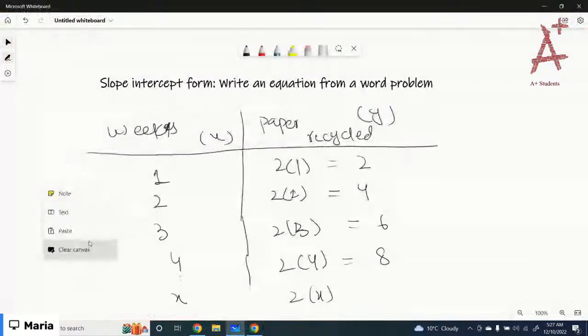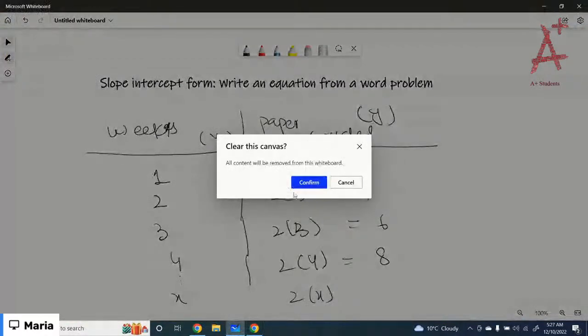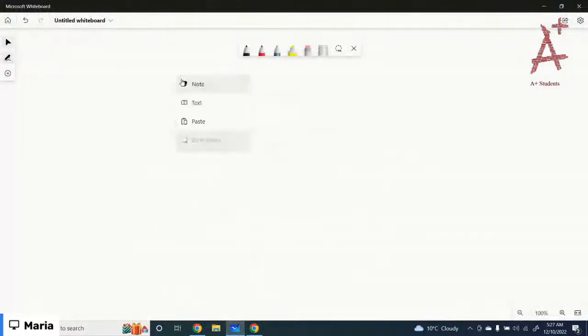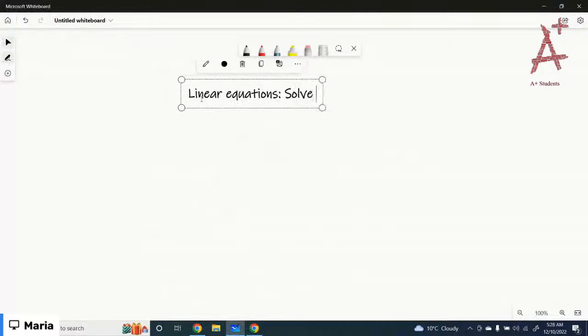Let me write down the lesson name, then we'll start. Okay, the next one is linear equations solved for y.